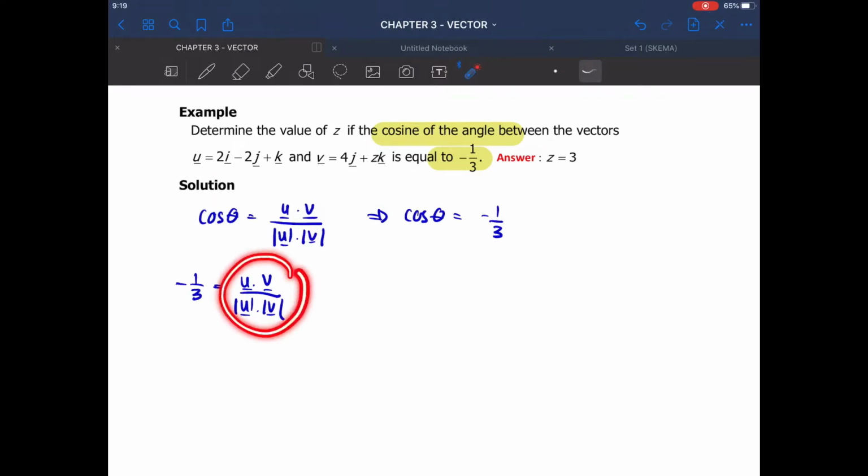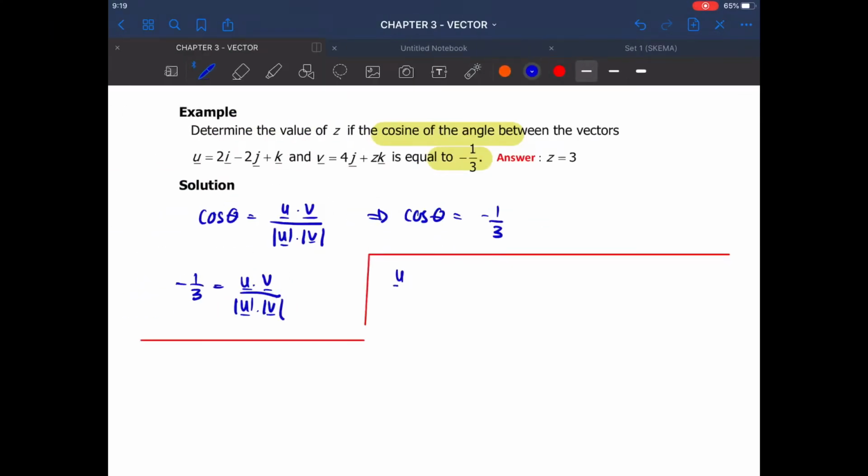So we have to find u dot v, magnitude u and magnitude v. u dot v is equal to vector u, which is (2, -2, 1), dot with vector v, 4j plus zk, so v is (0, 4, z).